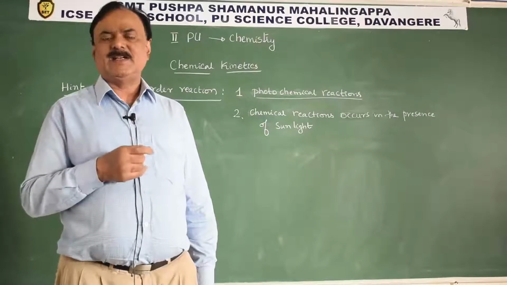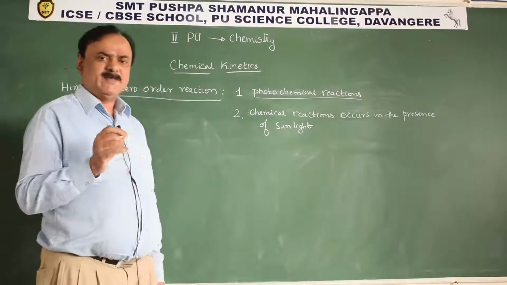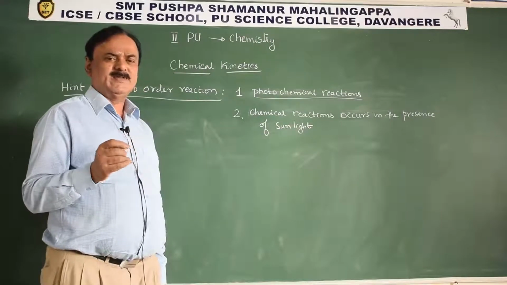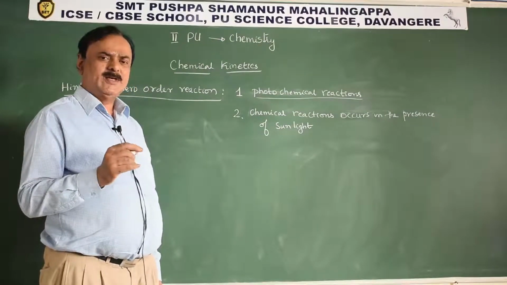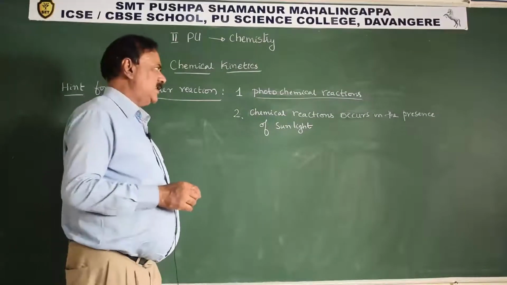You know that hydrogen combines with halogen in the presence of sunlight, and hydrogen and chlorine also combine to give HCl in the presence of sunlight.